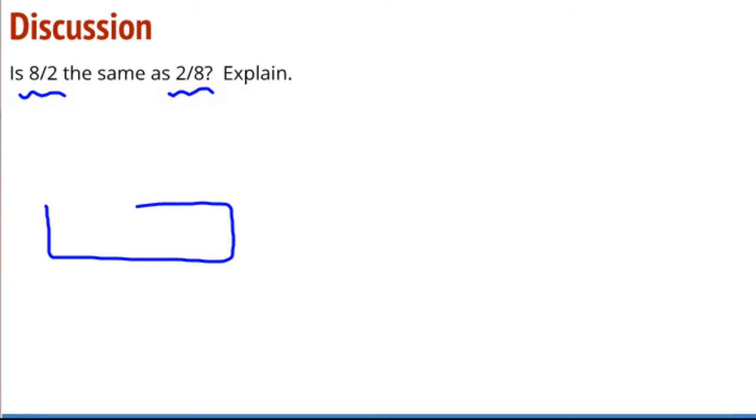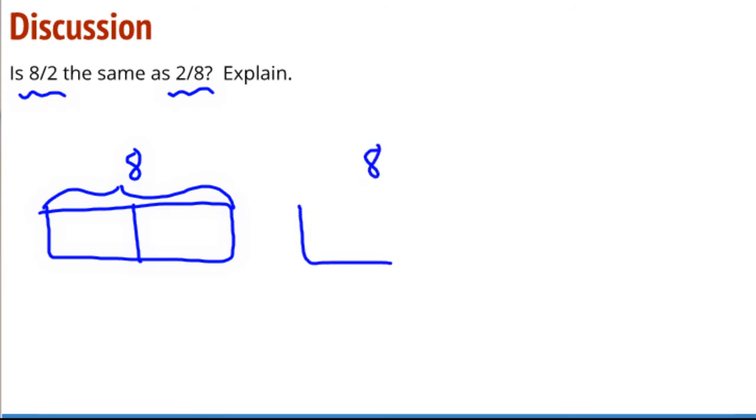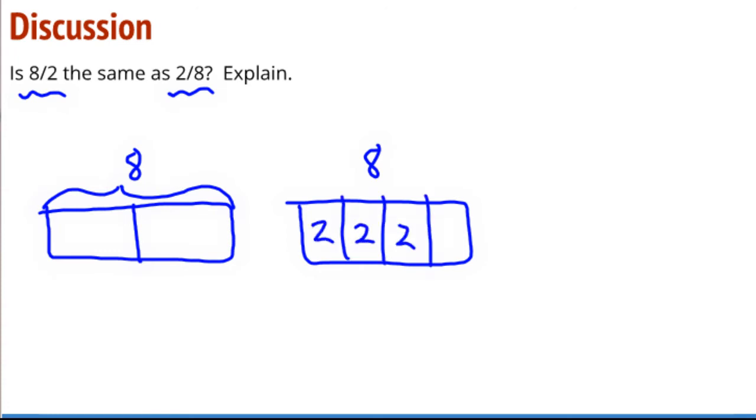If I've got 8, and I divide it by 2, I've made two equal sized groups. Remember, that's one of our interpretations. Or I've got 8, and I have put it into groups of 2, 2, 2, and 2. So I find that I can make 4 groups or 2 groups of 4.